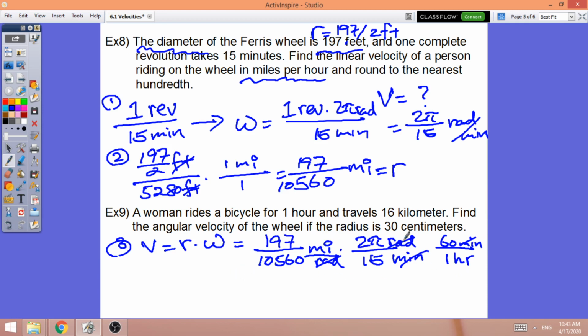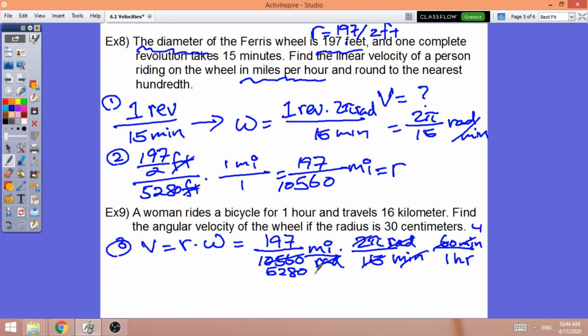So whatever number you have left right here, you can just multiply them straight across, or you can reduce the numbers first. So 15 goes into 60 4 times. And obviously the 2 got canceled with this, so this one turns back into 5,280. So we've got 197 times 4, and then divided by 5,280. So you can find out what this is on the calculator. Okay, let me check that.